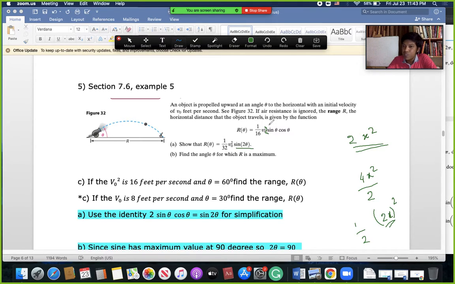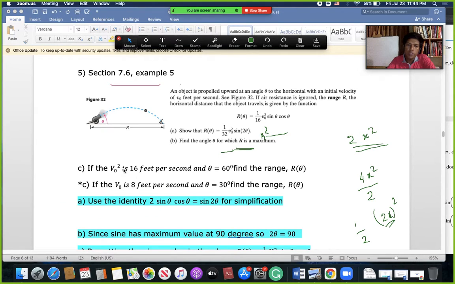But since we cannot just bring a 2, we have to write it down also, then this up and down will cancel out. Now this 2 is used for making the formula, but you have another 2 here, not 1 by 2, just multiplied by 2. 16 into 2 gives us 36. This is our idea. The other maths are easy, you just put the value and do the calculation.